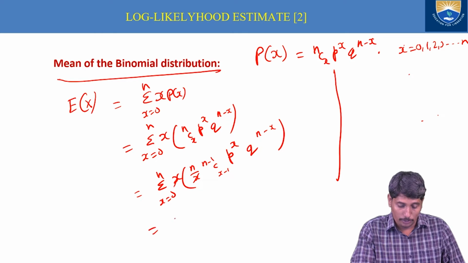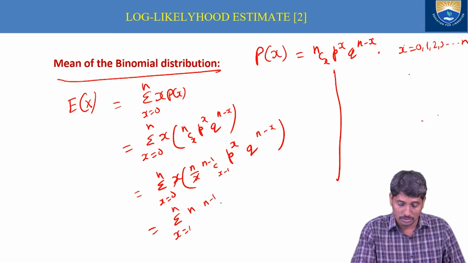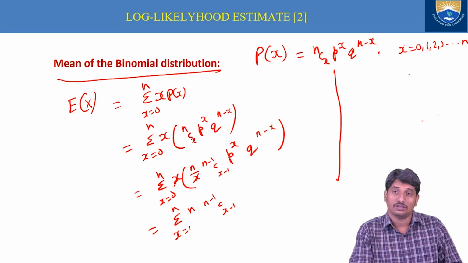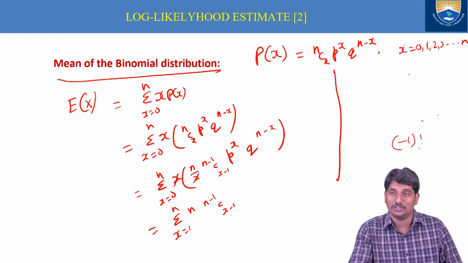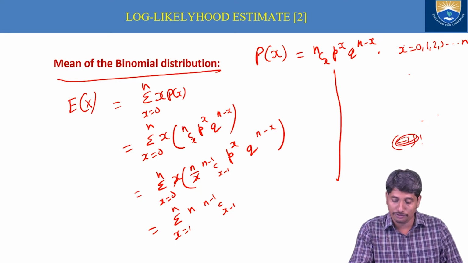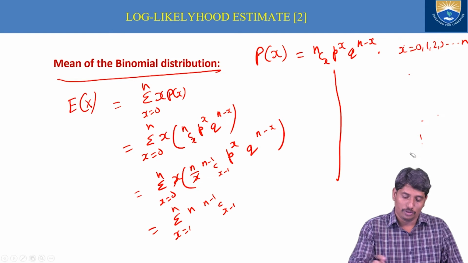Then automatically the summation becomes x is equal to 1 to n. Why does x equal to 0 become 1? Because minus 1 factorial is not defined. That means negative integer factorials are not defined. So we have to shift the summation from 0 to 1. That is why 0 has become 1.